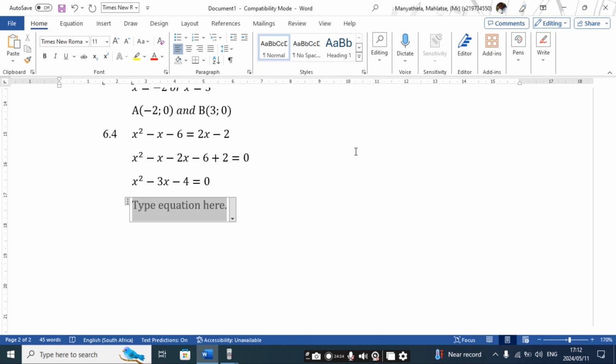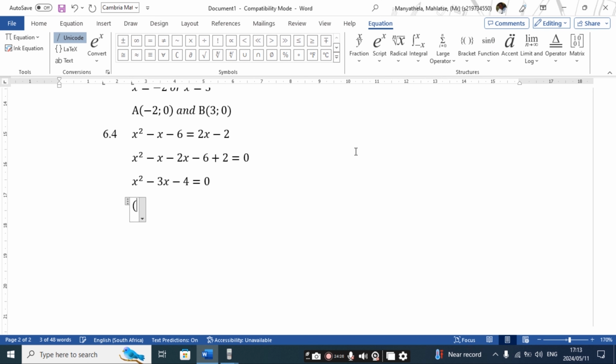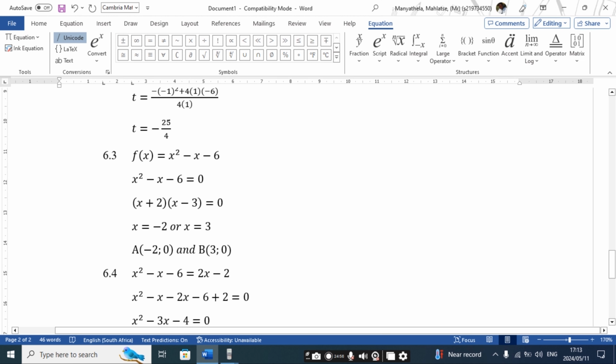We can factorize this trinomial. So let's try to factorize it. The factors of x squared are x and x. So I'm going to have x minus 4 into x plus 1. These are my factors.